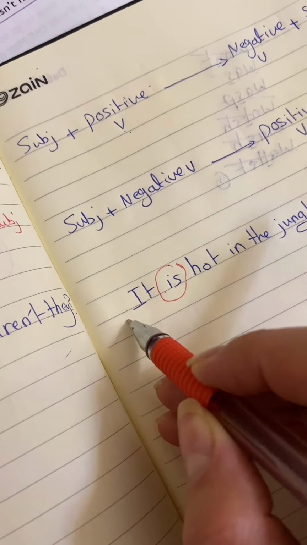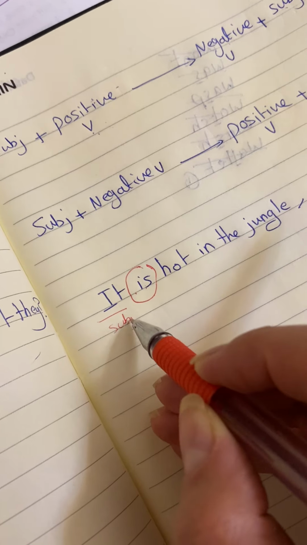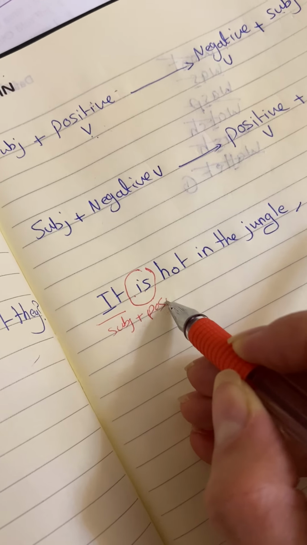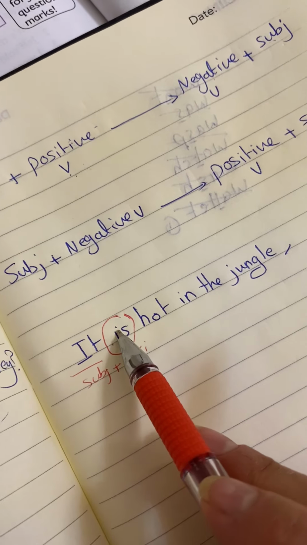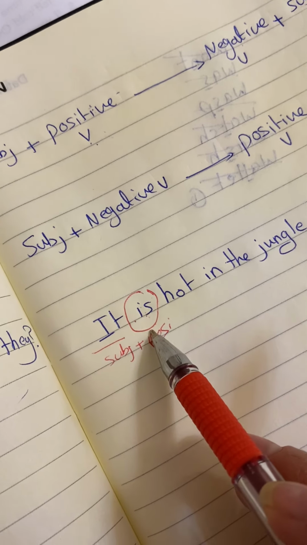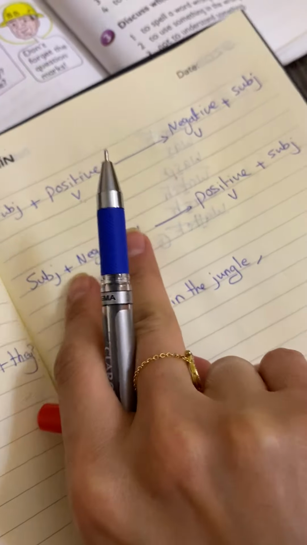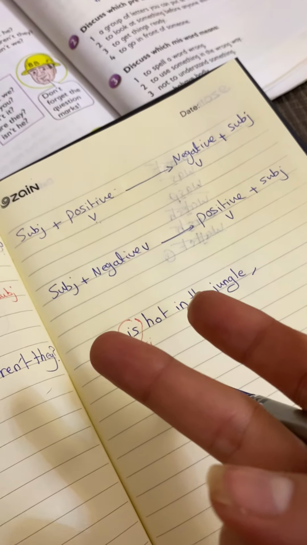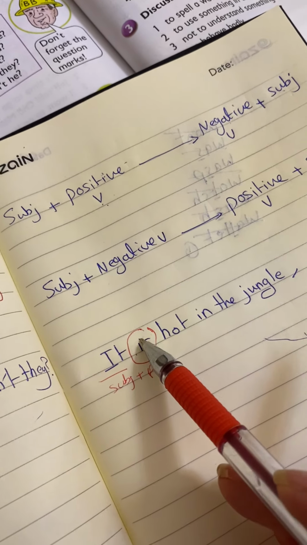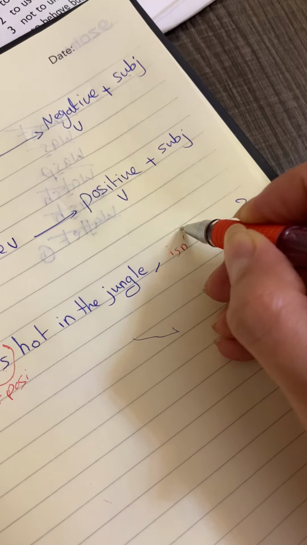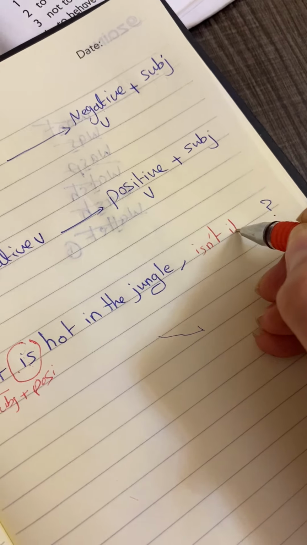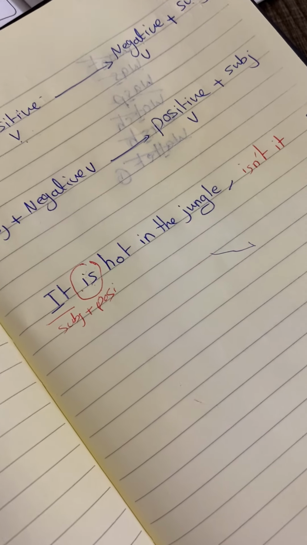It is positive. So we have subject plus positive. What do we do? We change the verb to negative. What is the negative of is? Isn't. Then we change the places of the subject and the verb. So it becomes isn't it. Okay.